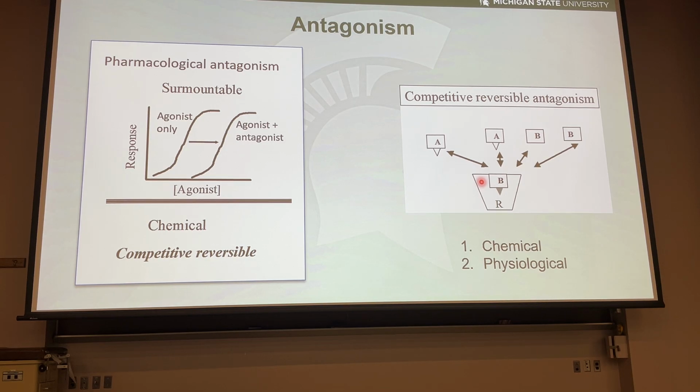How attracted they are to that receptor, but it'll also depend on the concentration, right? Because even if you have an antagonist with higher affinity than your agonist, which is usually the case, antagonists are usually higher affinity, doesn't matter, the point is, you can outcompete that higher affinity antagonist with more agonists, right?